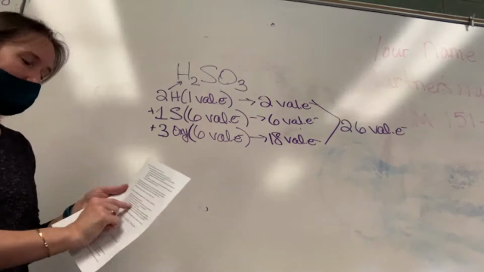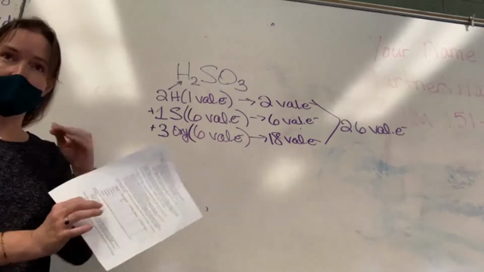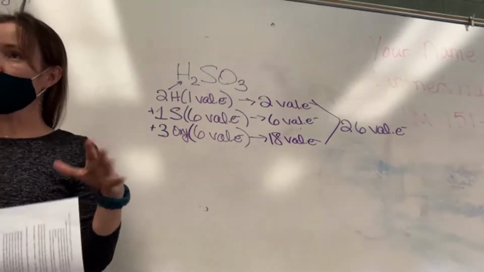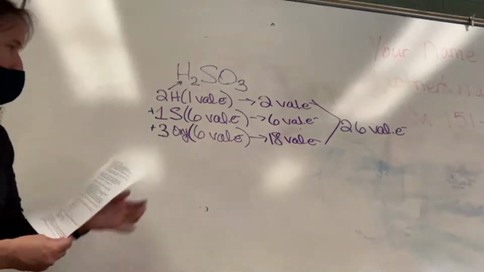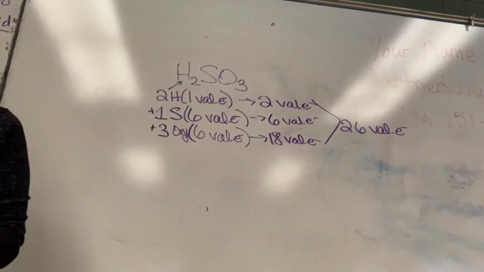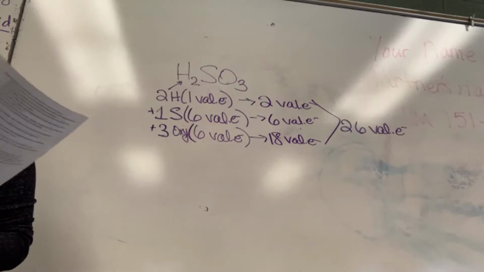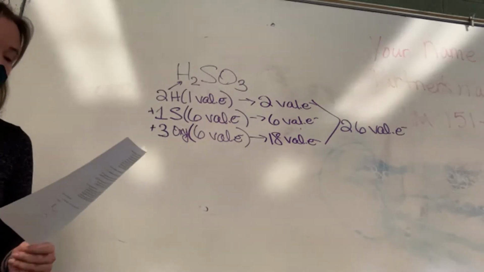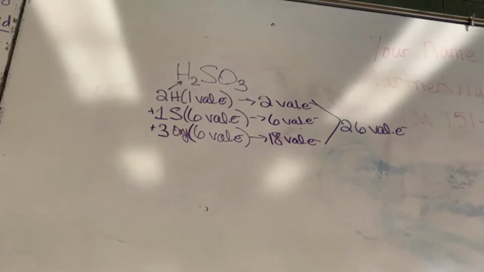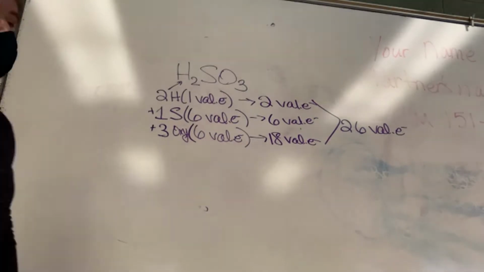If you see one of those elements in that order, whatever goes first in that order is what will be in the center. So does our formula have one of those common central atoms? Yes. What is it? Sulfur. Okay. The other one that's easy is whatever you only have one of.